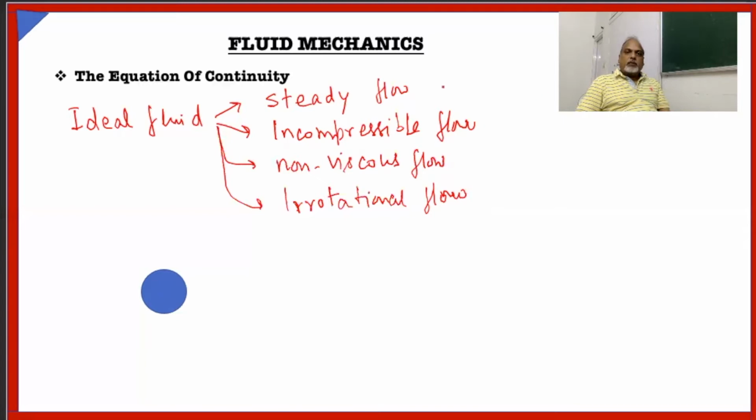What do we mean by steady flow? Suppose a fluid particle is moving like this in a pipe. At any given point P, the velocity of the moving fluid does not change with time.